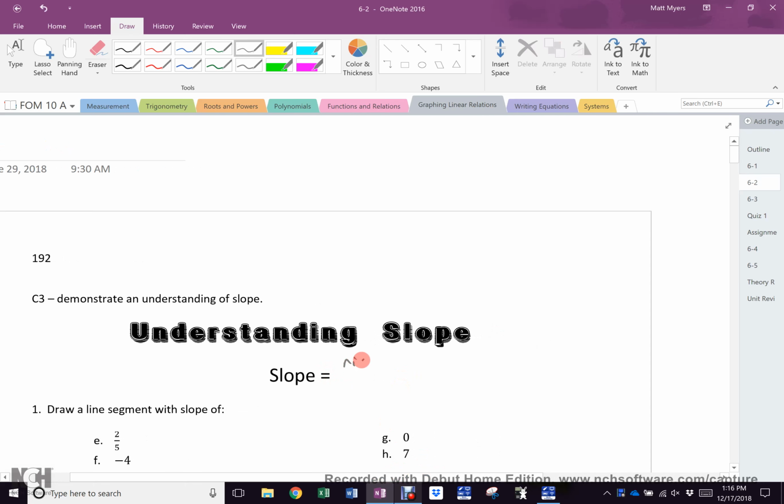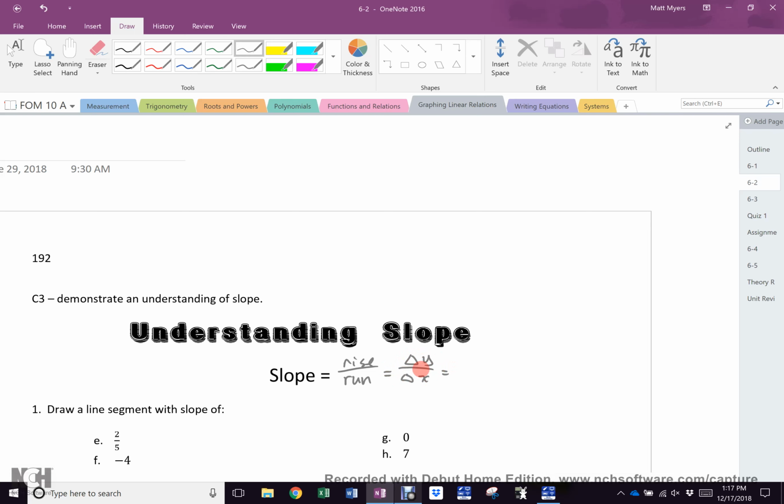Rise over run is one thing. Who can remember another one? Josh. Change in y over change in x. Absolutely. Or in physics, they say delta y over delta x. Anybody else?